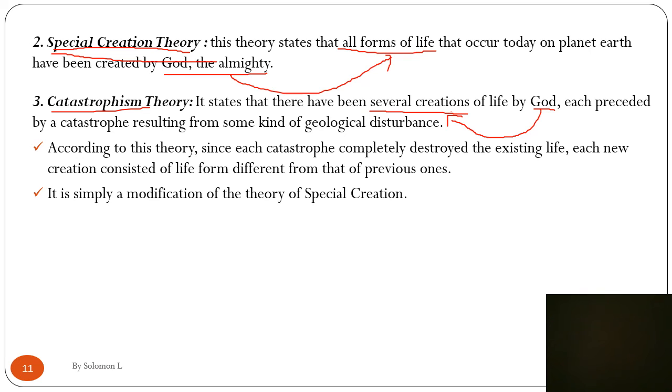After God creates life, some catastrophe or geographical disturbance comes and destroys such life. Therefore, life has been created several times by God according to this theory. Almost, it is a modification of the theory of special creation.